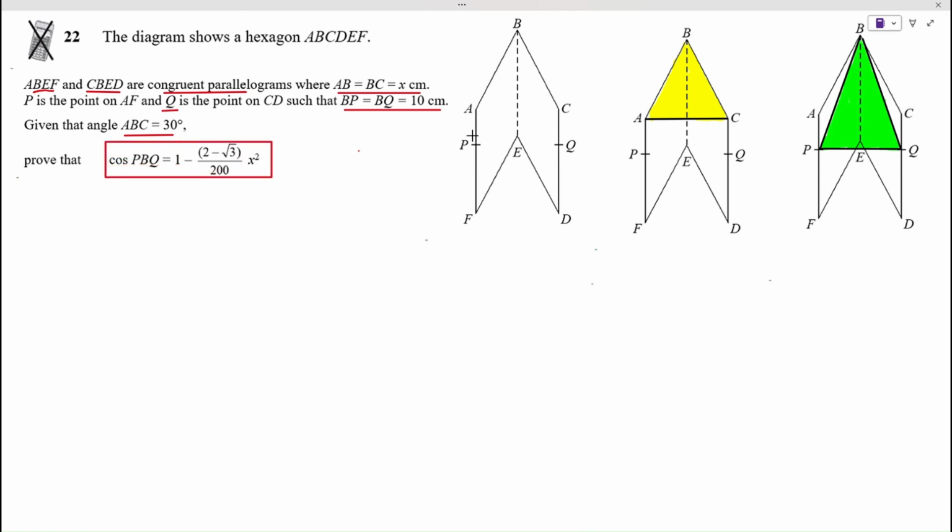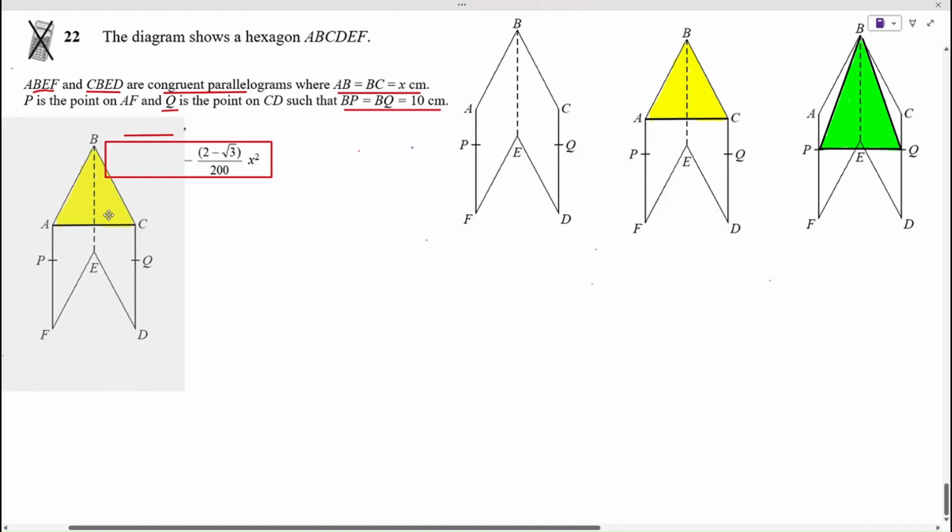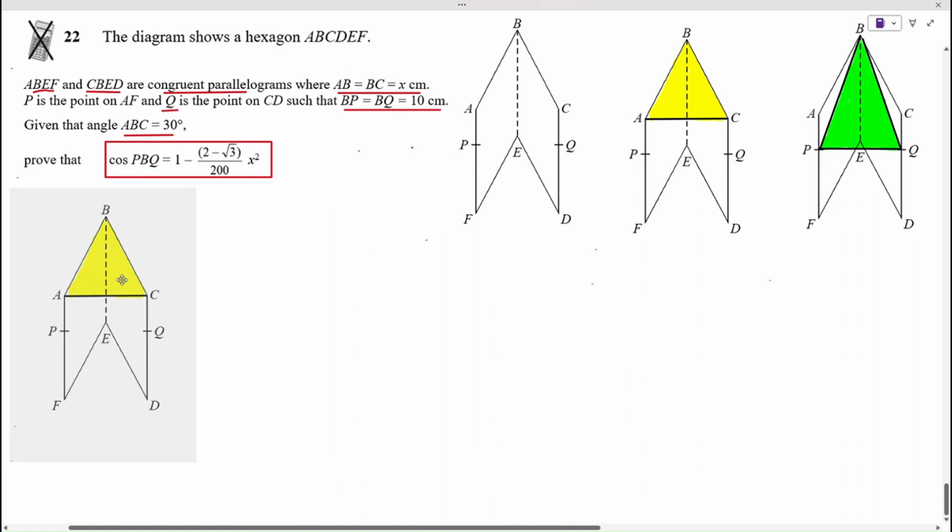So on the right here we have our diagrams and then two triangles that we're going to solve for and get values for so that we can show this equation here. So let's start off with analyzing the information we have for our triangle ABC.